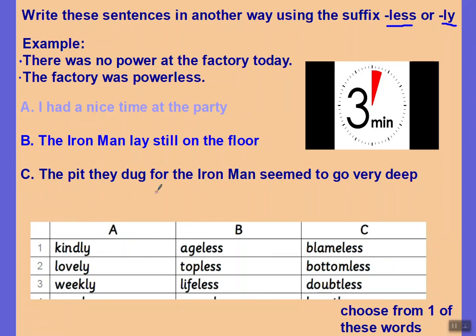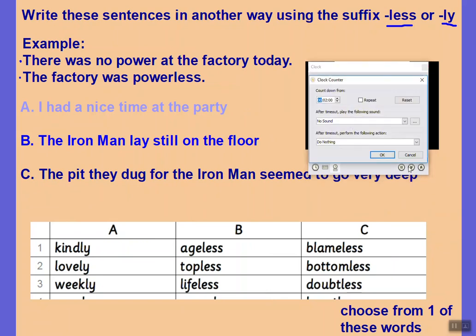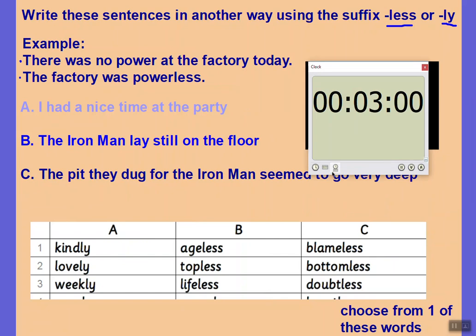And finally, Group C, the pit they dug for the Iron Man seemed to go very deep. Okay, I'm going to set you 3 minutes. All of the words that you need to use are here at the bottom. So you can choose, it's going to be one of these words from the bottom here. Okay, and also, if you are finished, do a different sentence.